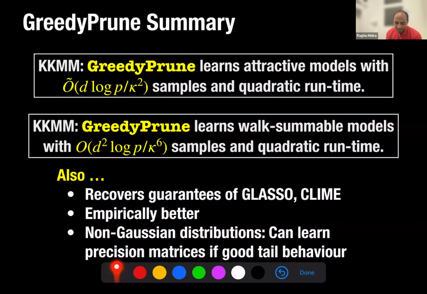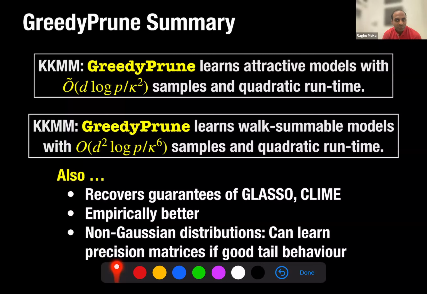People in statistics and applied sciences use R a lot, so we released an R package for this algorithm that people can download and use. And even though we've been focusing on Gaussian distributions, you don't need your underlying distribution to be Gaussian.